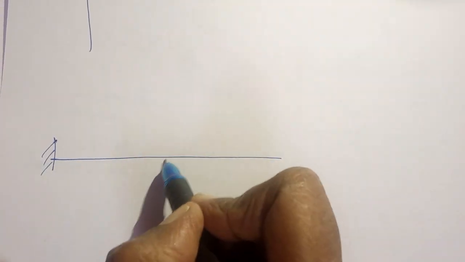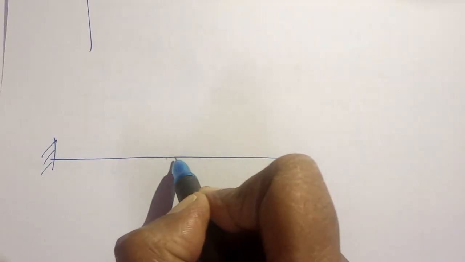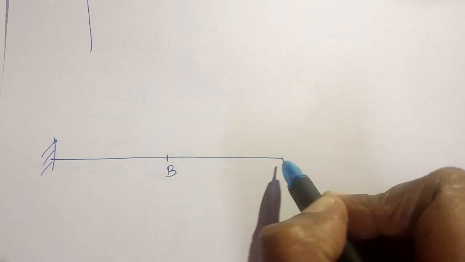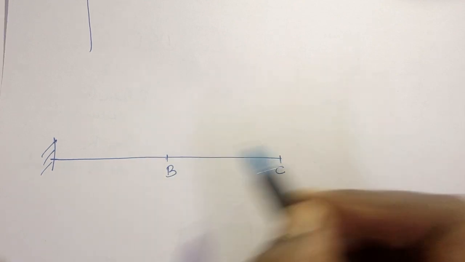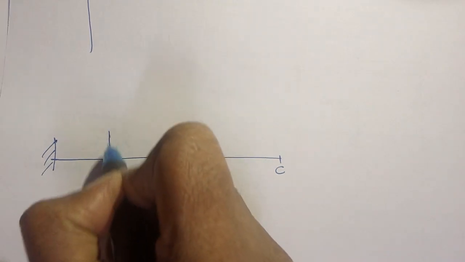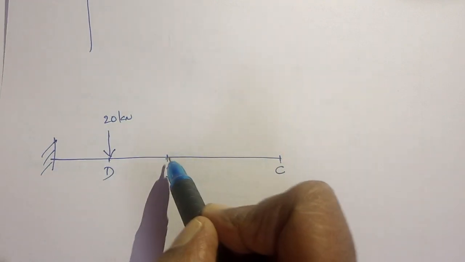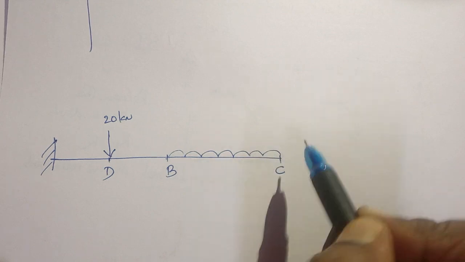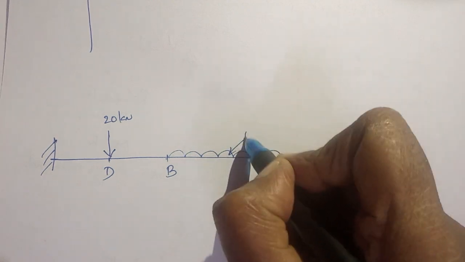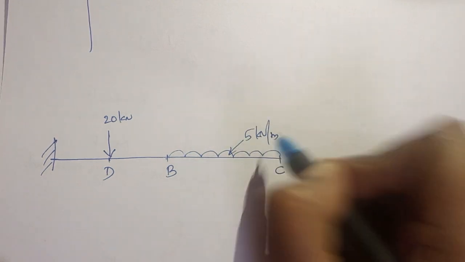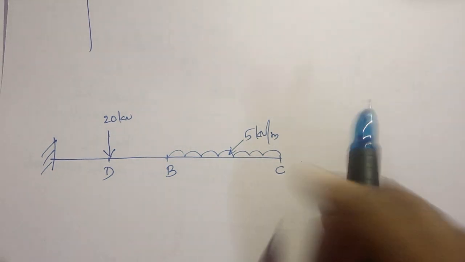This was the primary structure: this is point B, point C, point D, where there was a 20 kilonewton load, and this was the 5 kilonewton per meter load. So consider the primary structure with external load first.